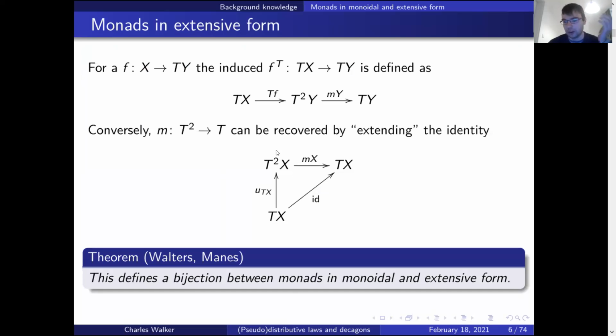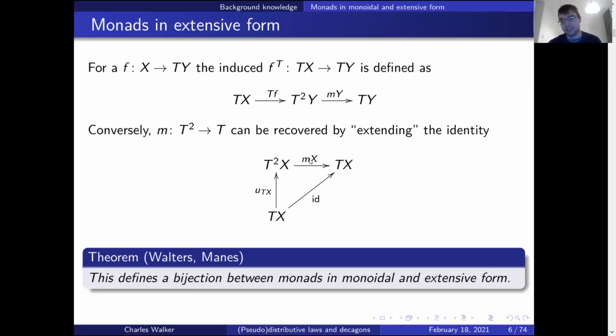Right, and you can go back and forth between the extensive definition and the monoidal definition. If we're given an f from X to TY, we can define our extension of f as just this map T of f composed with this multiplication at Y. And if you're going the other way, if you're given a map, say T squared to T, conversely, this multiplication map is just recovered by extending the identity.